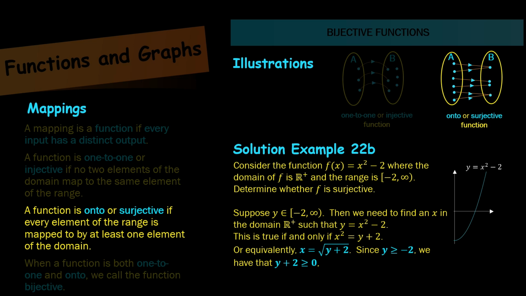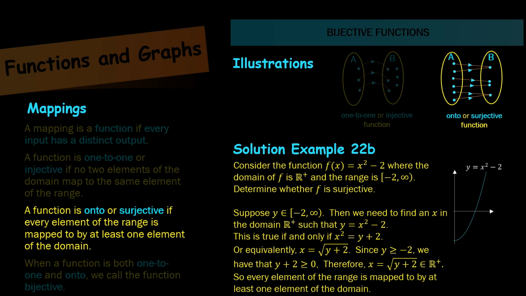And therefore, x equals root y plus 2 is in the positive reals. Therefore, every element of the range is mapped to by at least one element of the domain. And therefore, f is surjective.